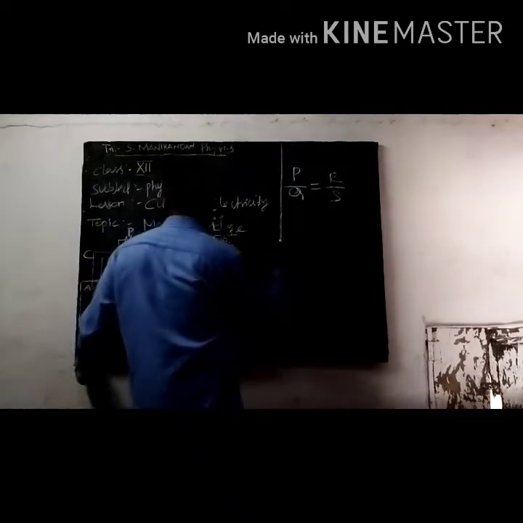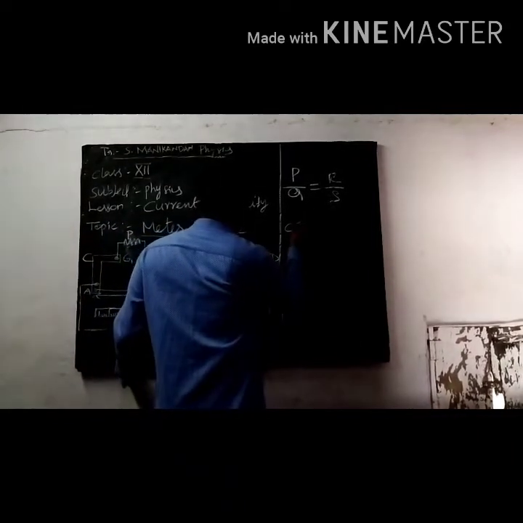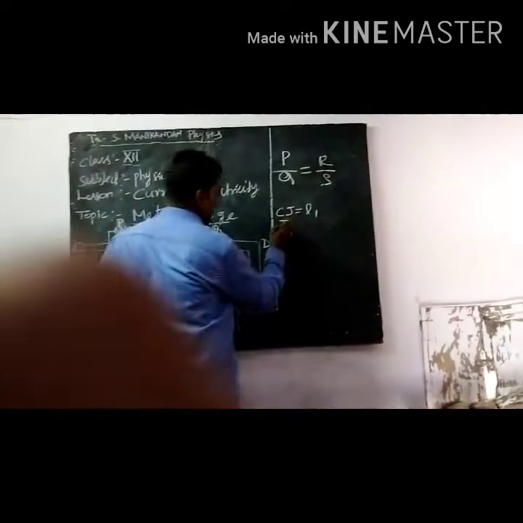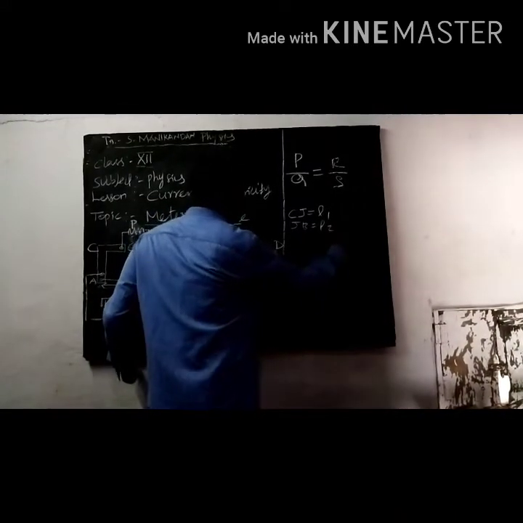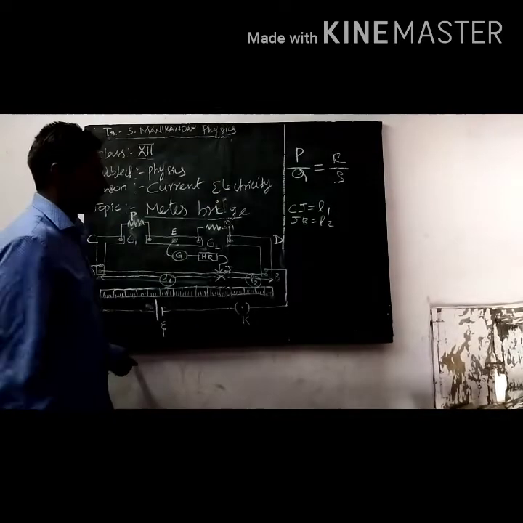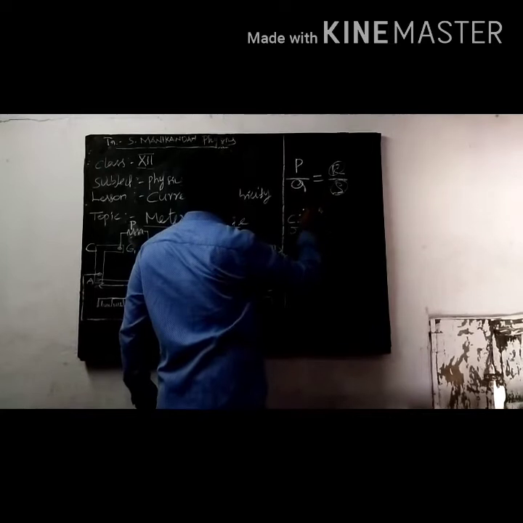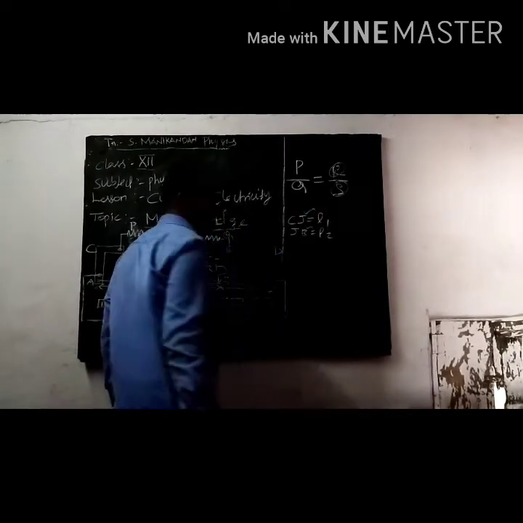That means CJ becomes L1 and JB becomes L2. Instead of R and S, we can use CJ and JB.